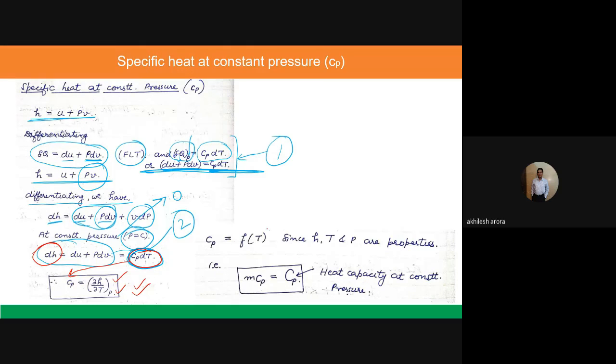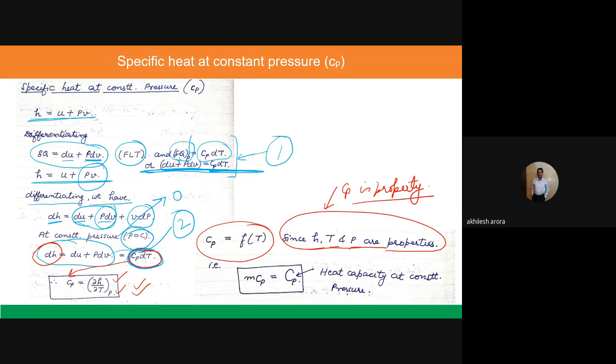So we can say once again Cp is a function of temperature only, since H, T and P are properties. Okay. So we can also say that Cp is also a property. And why do we say that Cp is a function of T? H is equal to U plus PV.